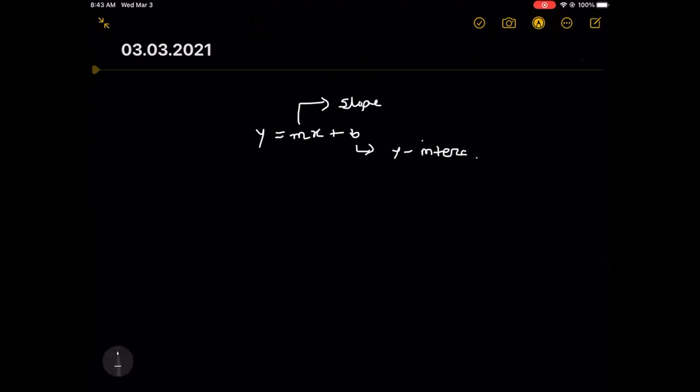Now, if you remember, for an equation like this, we said m is our slope and b is our y-intercept, right?